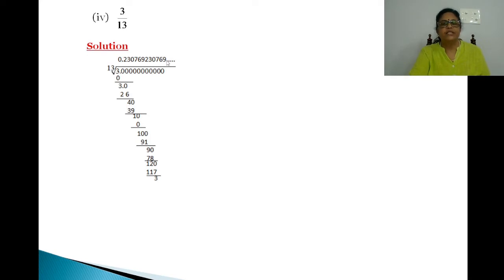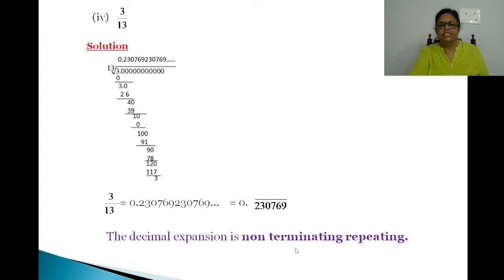There is no end. So non-terminating repeating decimal. 3 by 13 is 0.230769 bar. So this decimal expansion is non-terminating repeating.